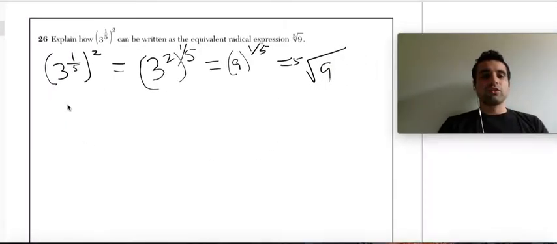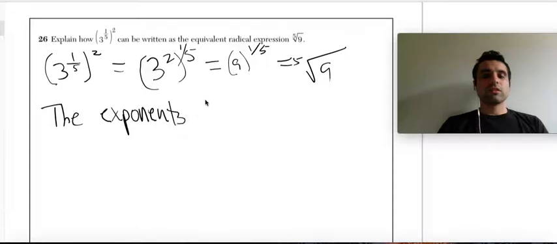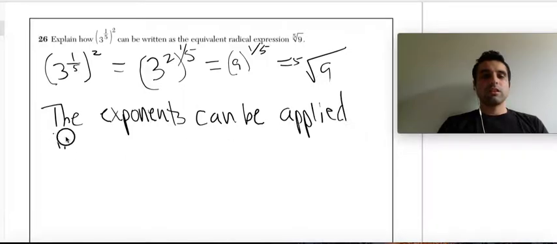So the exponents can be applied in either order.